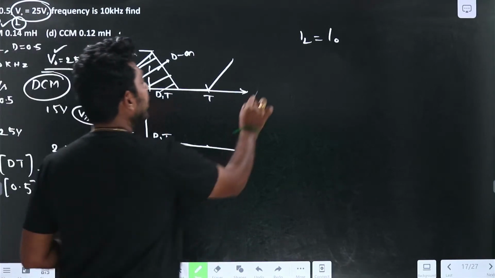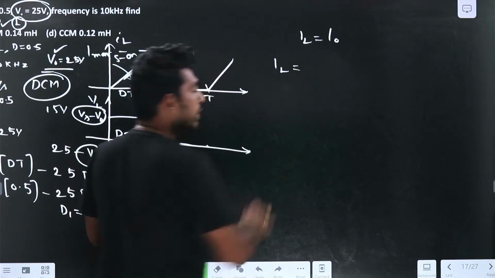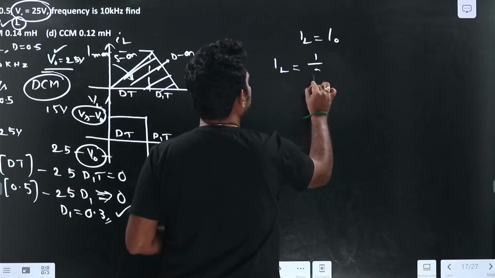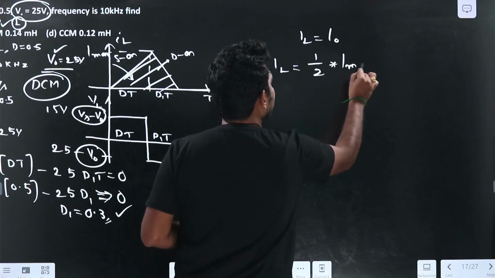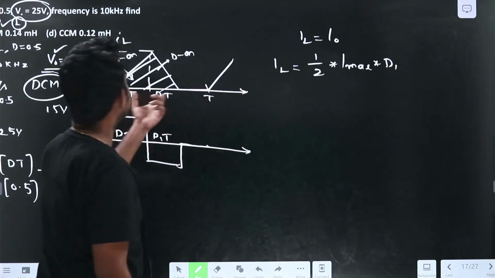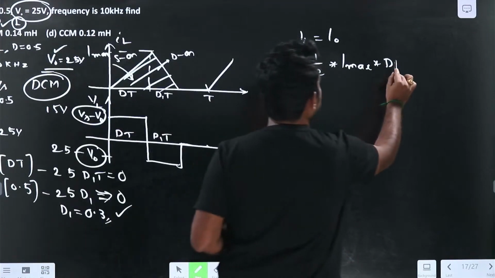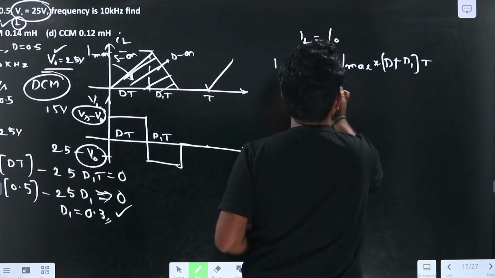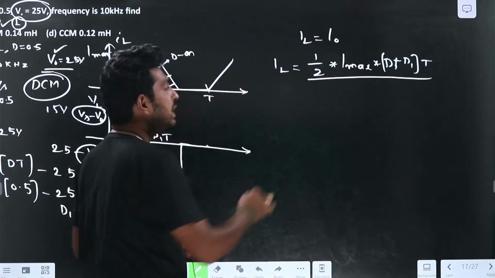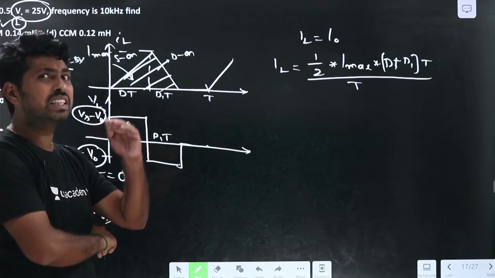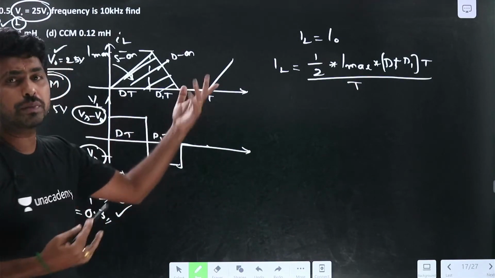IL average equals 1 by 2 into I max into (D plus D1) T, since it is a triangle, divided by the time period. I'm revising the basic concepts; if you know the concept, you can write it directly.